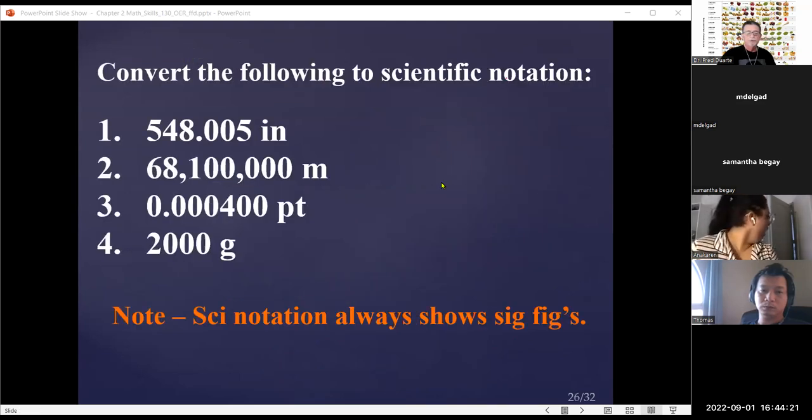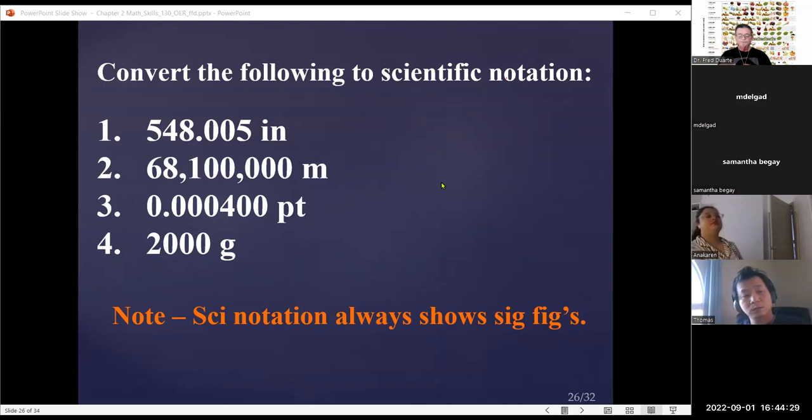All right, so the question here is asking you to take these numbers and convert them to scientific notation. So step number 1, I always give you a systematic approach. Eventually, when you are comfortable, you can create your own approach for how you want to attack the problem. But step number 1 is to determine the number of sig figs, because your answer should have the same number of sig figs.